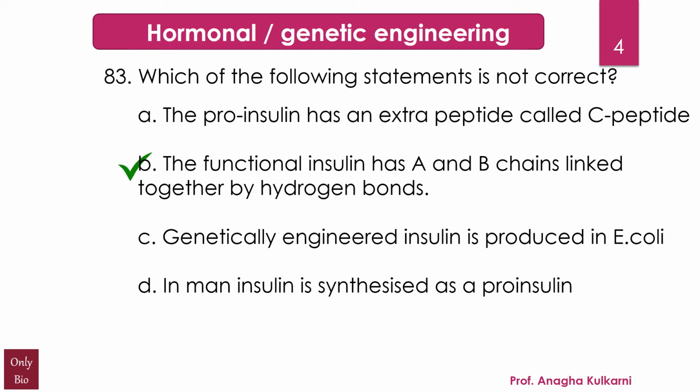Friends, please remember insulin consists of two polypeptide chains, the A and the B chains, that are linked by disulfide bonds. It is, however, first synthesized as a single polypeptide chain called pre-proinsulin in the beta cells, which forms proinsulin. In the rough endoplasmic reticulum, the proinsulin folds into the correct conformation and three disulfide bonds are formed.